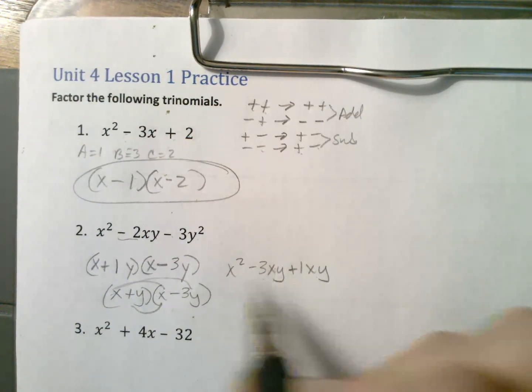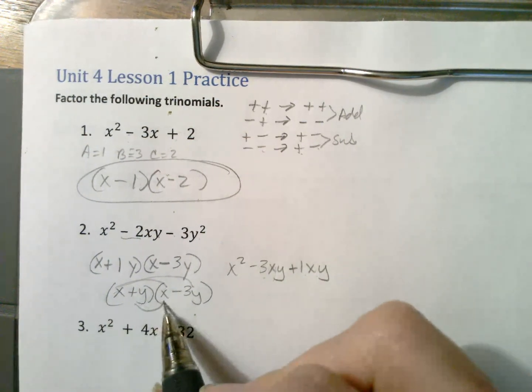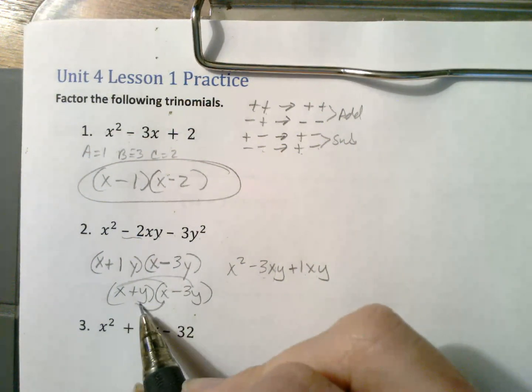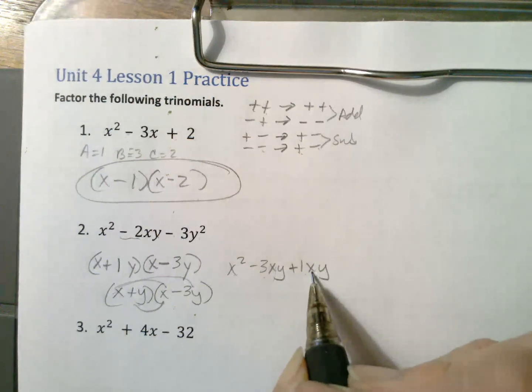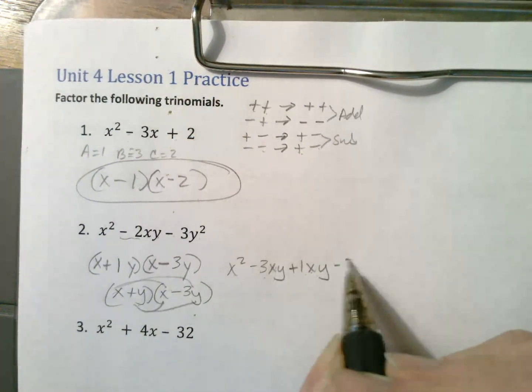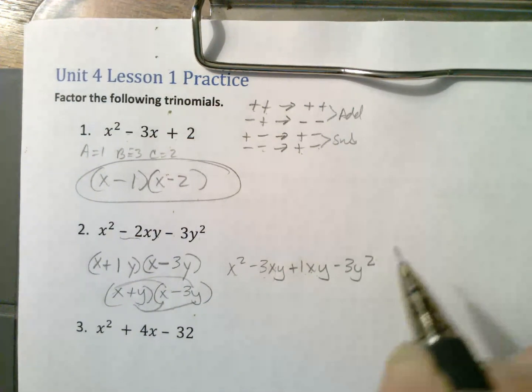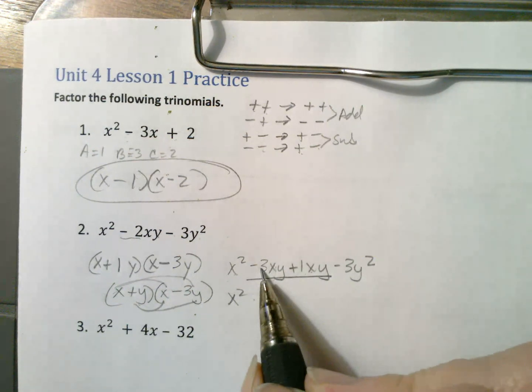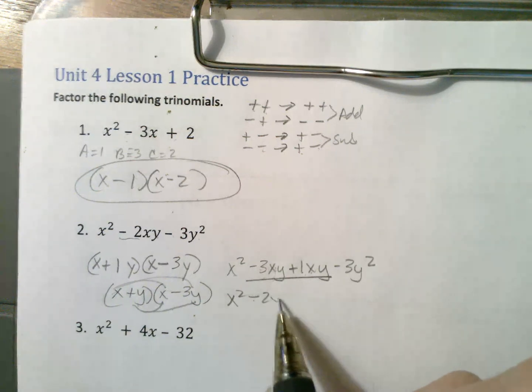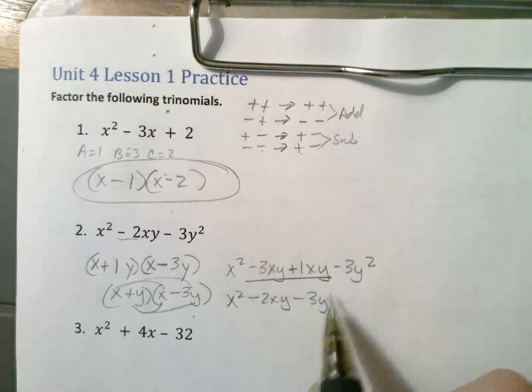I just put them in the order they should be in. A y times an x is the same as an x times a y. But since the x's are first, we're going to put them first here. And then here is a -3y squared. Combine like terms, we'll have an x squared, -3 plus 1 is a -2xy minus 3y squared.